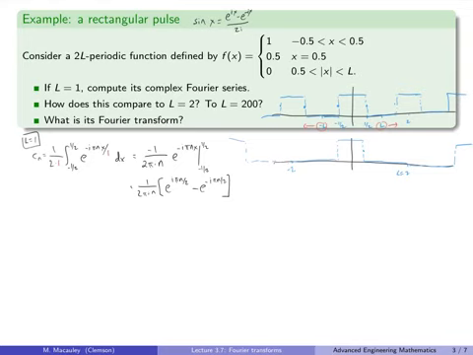So we have most of that right here, and then we have a 2i right there. So I'm going to pull out the 2i as 1 over pi n, and what I have left over is sine of pi n over 2. So sine of n pi over 2.